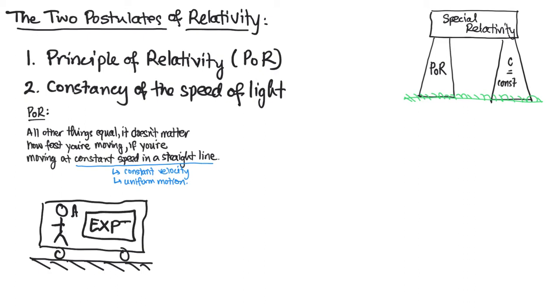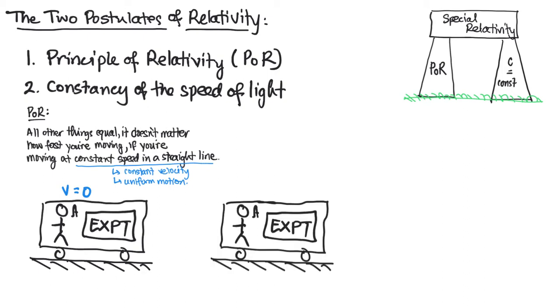She does the experiment and measures an outcome, and while she's doing this, the train is at rest relative to the ground. The claim of the principle of relativity is that if she does exactly the same experiment, but this time the train is moving relative to the ground at a constant velocity, straight line motion at a constant speed, then she's going to get the same outcome in her experiment.